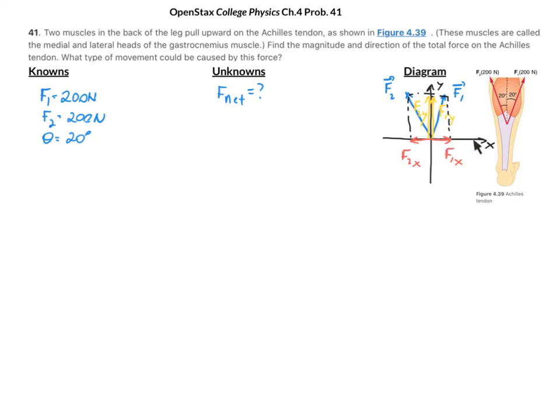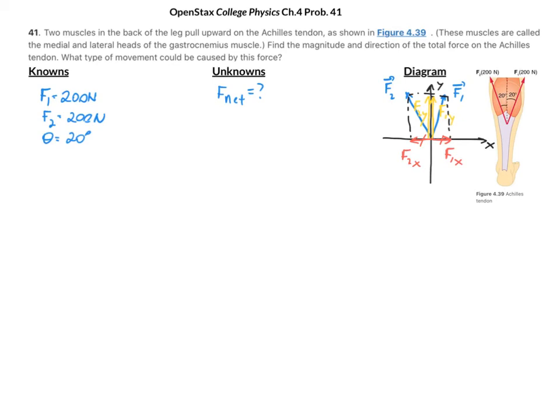F1x is positive because it's in the positive x direction. F2x is negative because it's in the negative x direction. So what that means then is that these two x components cancel each other out. One goes to the right a certain magnitude and the other one to the left a certain magnitude. So their pull is going to cancel out.